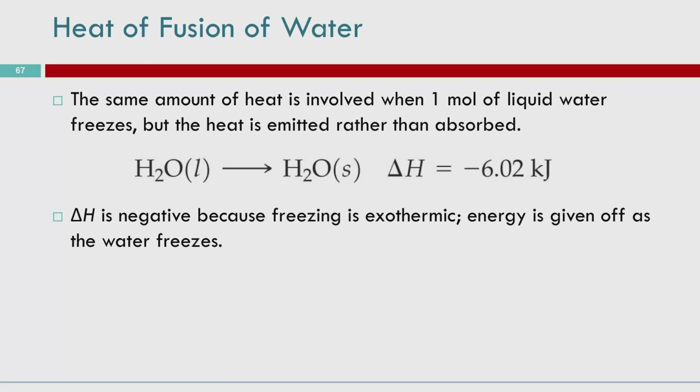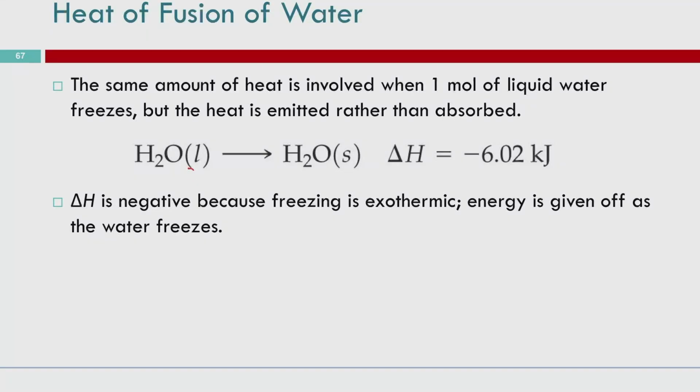If we go the other direction, so if we do liquid to solid, now the sign is negative. It's the same amount of energy. So we just changed the direction. We flipped our thing left and right. And now instead of having to put in energy to get it to melt, to go from a solid to a liquid, now we're going the other direction, from a liquid to a solid.